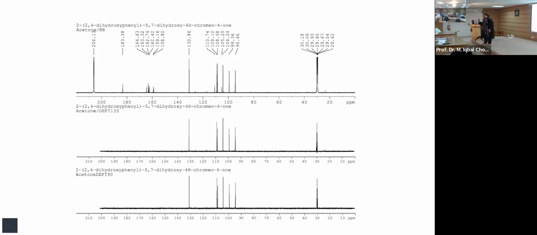We can still run the attached proton test, but DEPT is more sensitive, a more advanced pulse sequence. In the attached proton test, you can get the information of the neighboring protons, like whether it's CH3, CH2, or C, which type of signals they are.